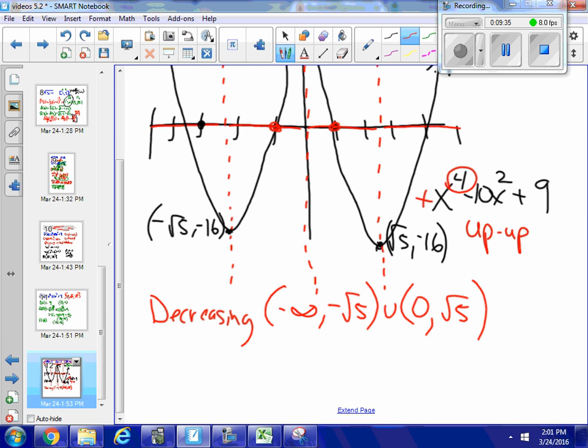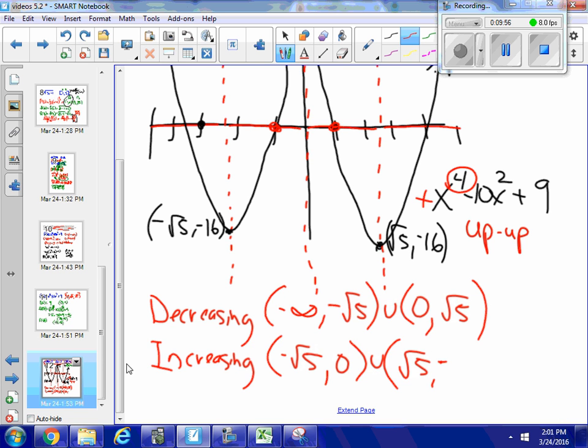And my graph is increasing on the interval negative radical 5 to 0, union radical 5 to infinity. And that's the answer to the question.